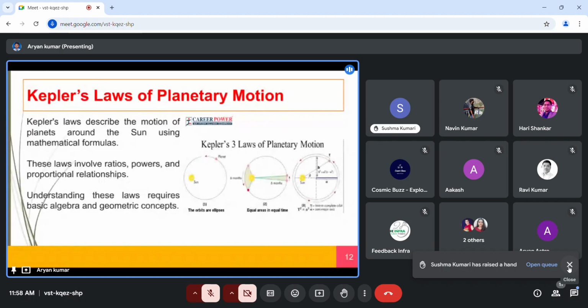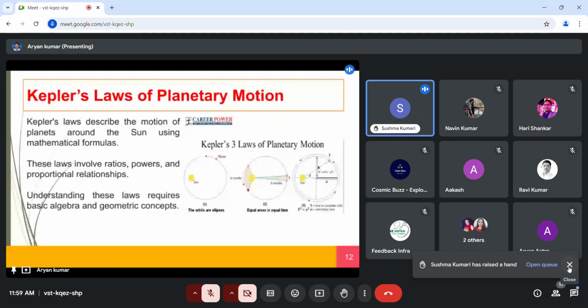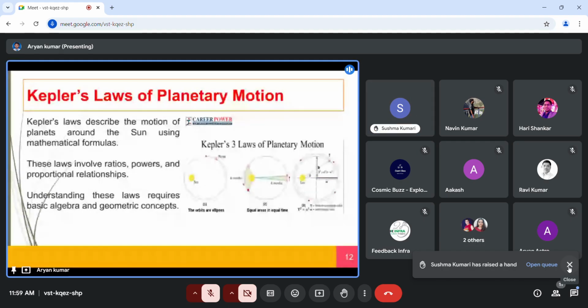So you are referring to Kepler's third law, which I was going to explain. The first law is of the elliptical orbit. Planets orbit the sun in an elliptical path with the sun at one focus. The line connecting the planet to the sun sweeps equal areas in equal times.